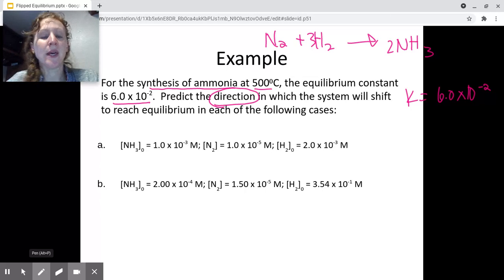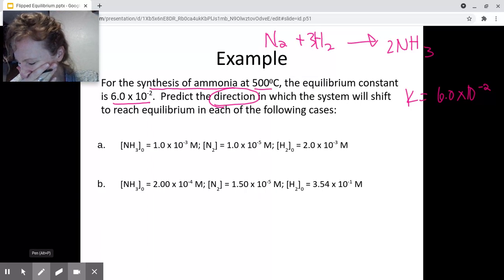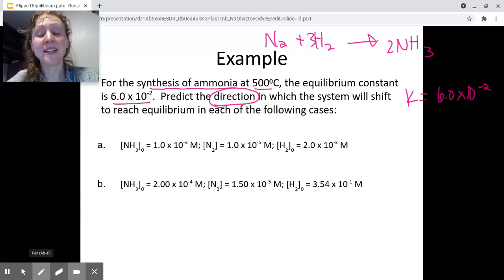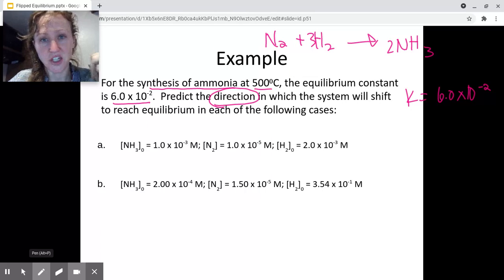Okay, so why do they give you temperature? They give you temperature just to show you that temperature doesn't change and you can ignore it, right? They tell you your temperature is 500 degrees Celsius. You don't have to do anything to accommodate for that temperature unless the temperature changes.